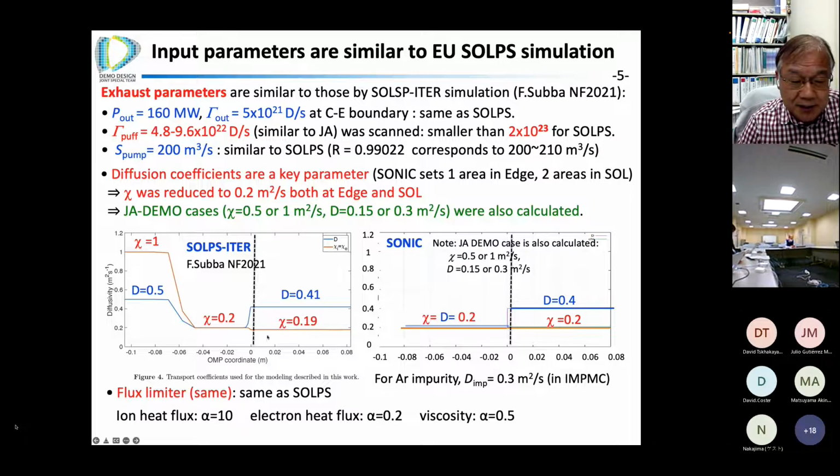To simulate this kind of values, we fix a constant 0.2 for particle and energy. In the case of the SOL regions, we fix these values. Unfortunately, in SONIC we cannot change the diffusion coefficient in the edge regions, such as profiles, so we use a constant value. The other parameters are the same as for the SOLPS calculations.